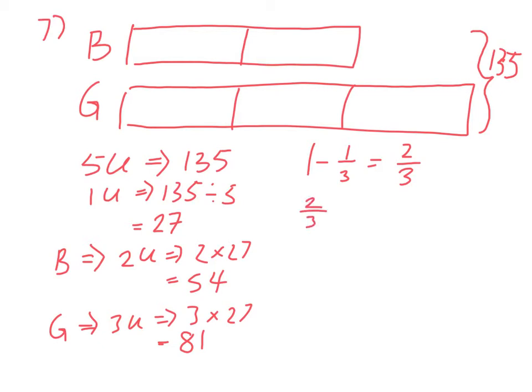So 2/3 multiplied by 54. Okay, you will have how much? This one cancel, 54 divided by 3, you have 18. So you have 36 boys left.